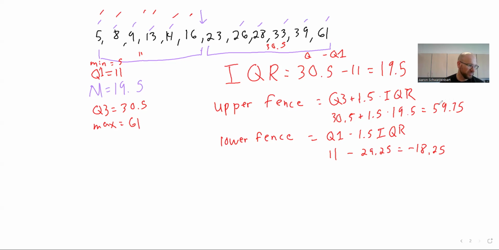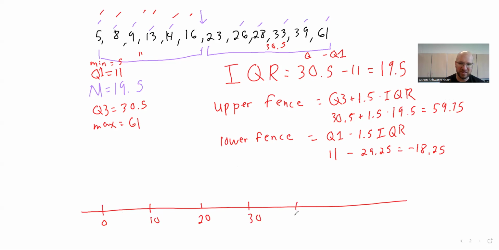So the modified box plot, which is the one that's next to the box plot on the graph, makes outliers as points. Everything else about the box plot is the same. So my box goes from 11 to 30.5.